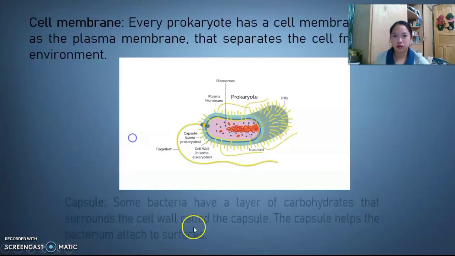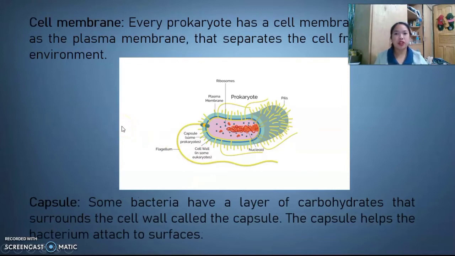Next, the cell membrane. Every prokaryote has a cell membrane, also known as the plasma membrane, that separates the cell from the outside environment.